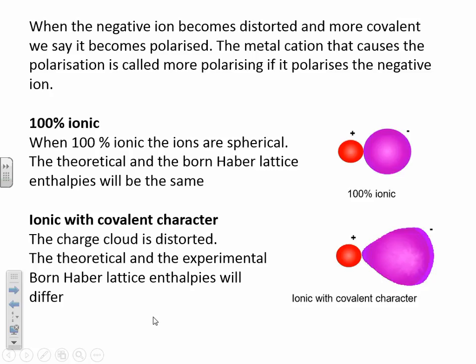If, however, you get the ionic with the covalent character, then you get this distortion where the electrons are pulled across. It's not quite polar covalent, but it's just got that extra pull on the electrons, so that they're coming close, but they're not quite being shared.